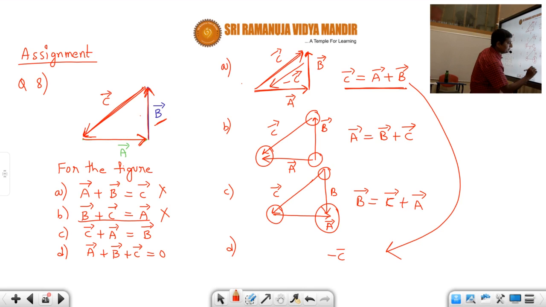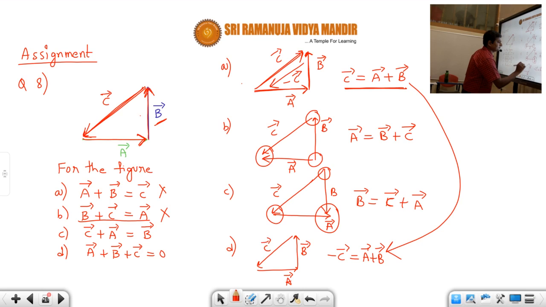So I can write minus C bar is nothing but A bar plus B bar, according to the given diagram, that is A bar, this is B bar, and this is C bar. Therefore minus C bar is equal to A bar plus B bar, or if you take C to that side, A bar plus B bar plus C bar must be equal to 0, students.